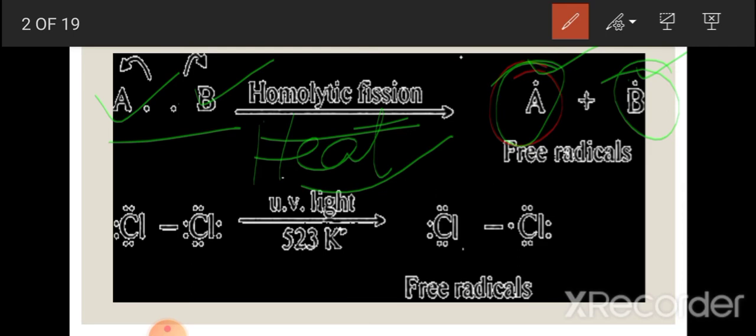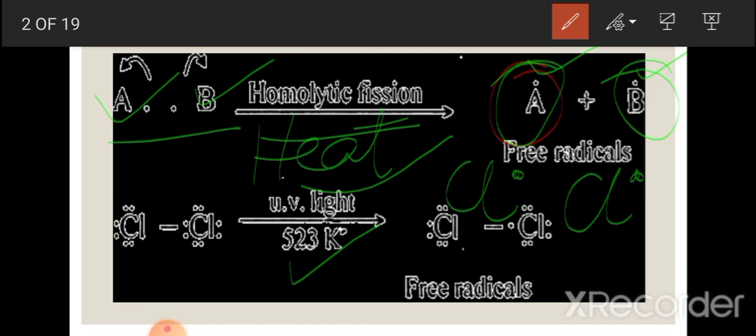Take this chlorine molecule in UV light, at 523 Kelvin, it is breaking and giving two free radicals. We can write simply Cl dot and Cl dot. So in this way, the neutral species formed are called chlorine free radicals.